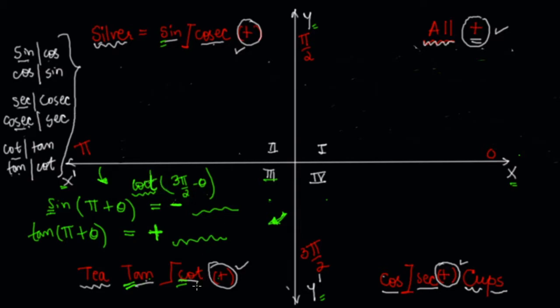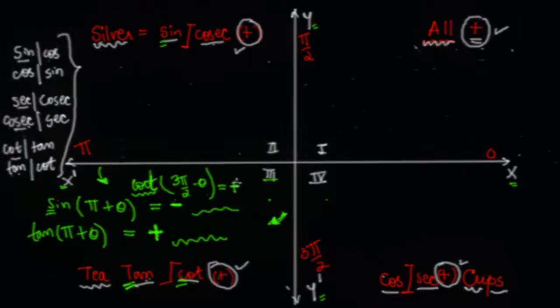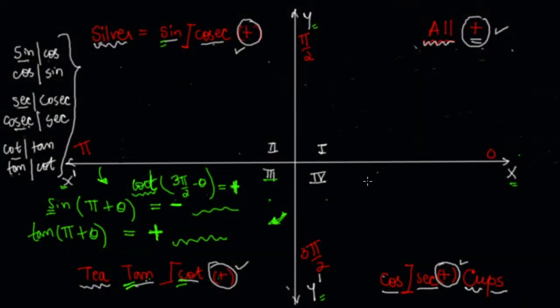Now, if cot jumps in the third quadrant, the answer would always be positive. Let's take another example. What is sec of 3 pi by 2 minus theta? When I'm saying 3 pi by 2, it's the vertical line, right? And if I'm jumping from the vertical line minus theta, it means I'm jumping in the third quadrant. If sec jumps in the third quadrant, is the answer going to be positive or negative? It is definitely going to be negative, whatever the answer is.